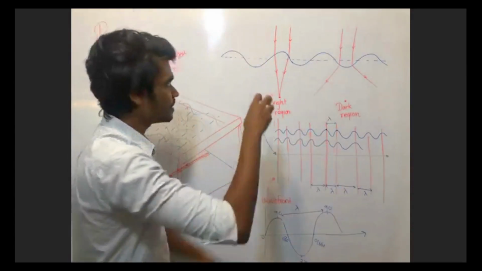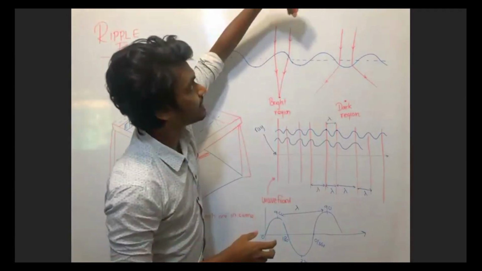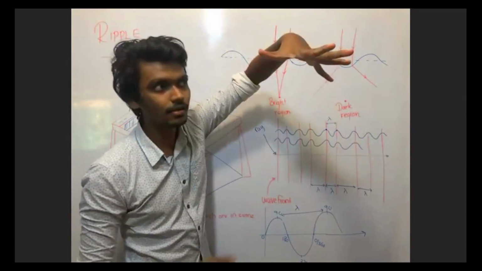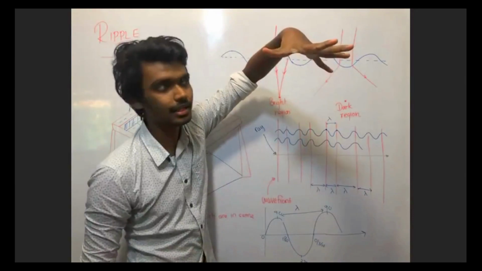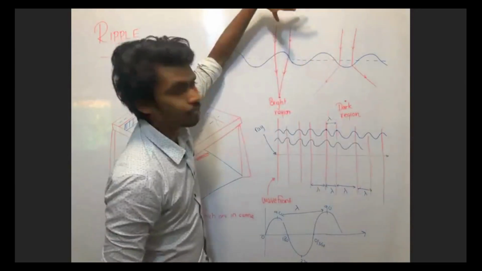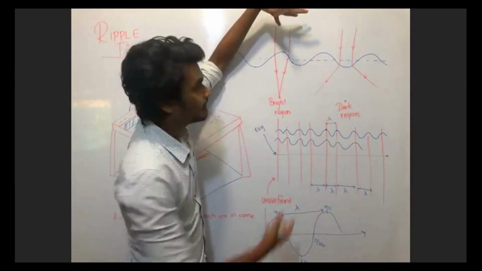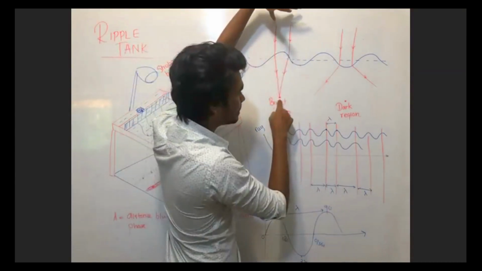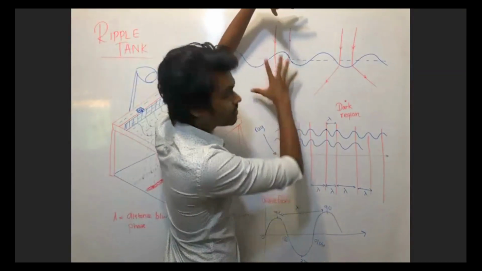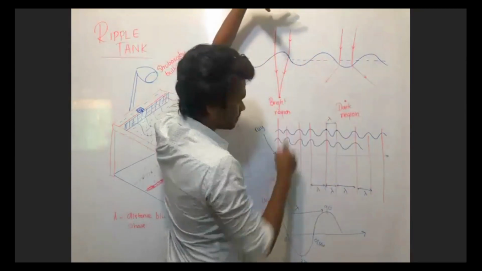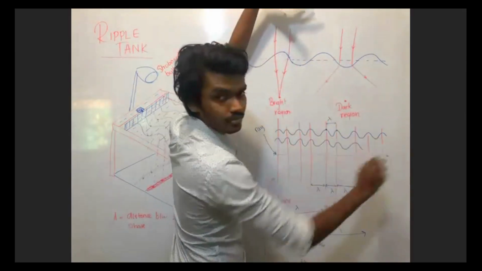What you could do is, now it's like this, right? When this light is turned on continuously, you'd be able to see the wavefronts moving forward.